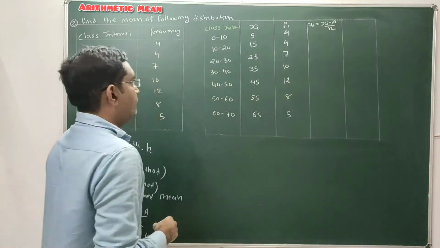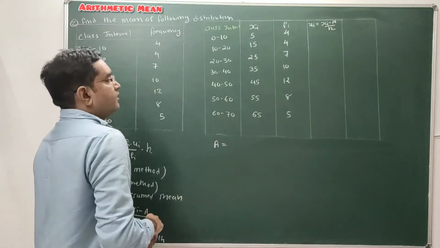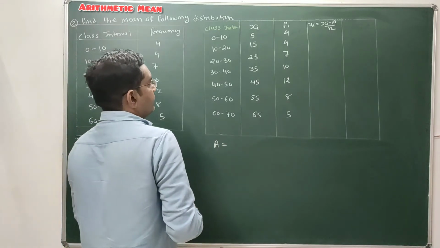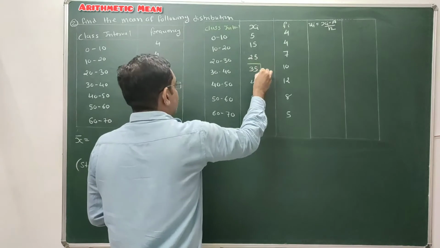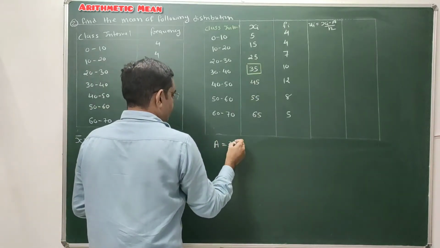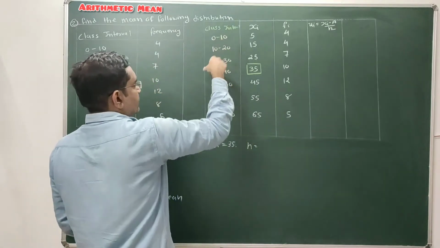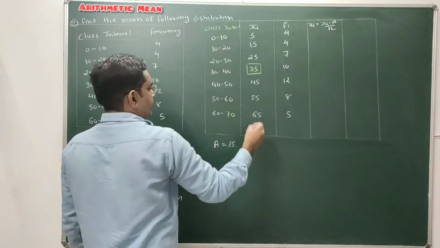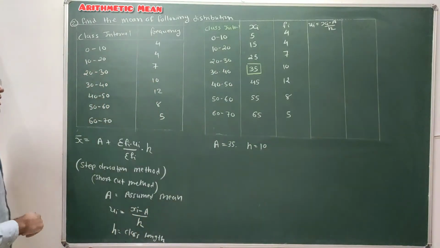So what is a? For this case a is our assumed mean. The middle class mark will be considered as the assumed mean. So we can assume this 35 as the assumed mean. So let a equal to 35, and the class length of each class is 10. It is a regular class interval, so h equal to 10.